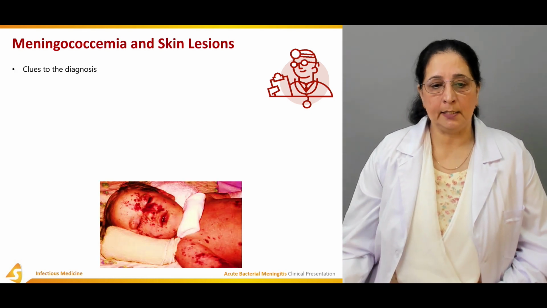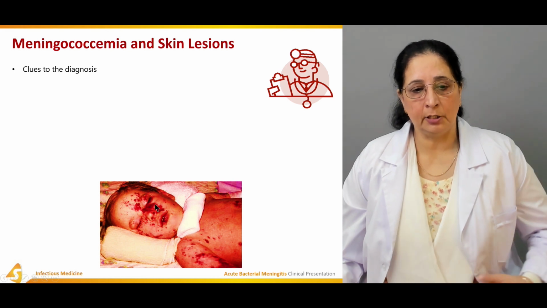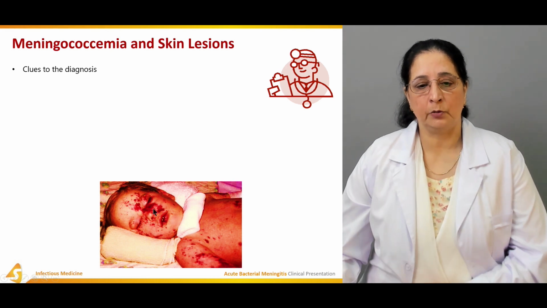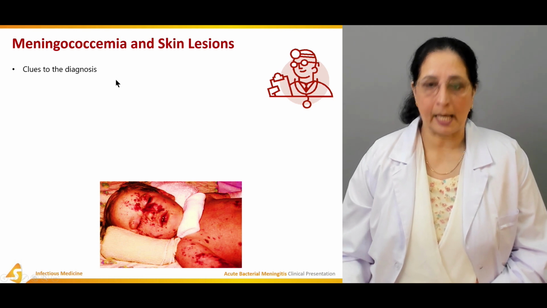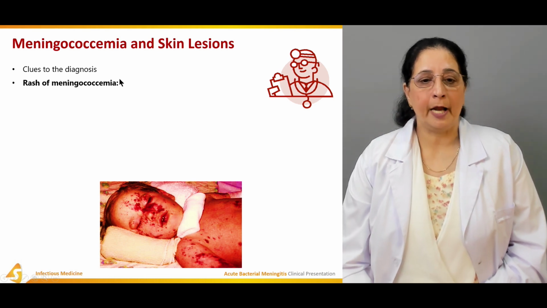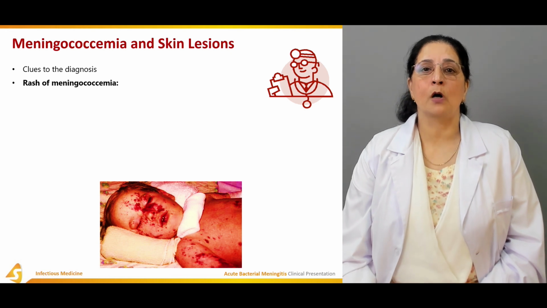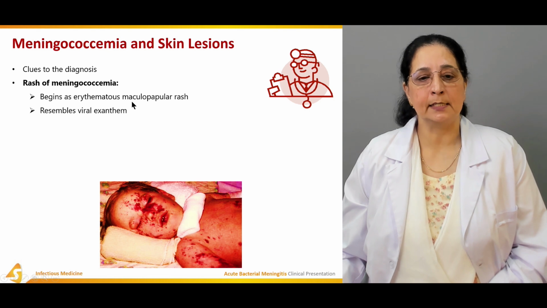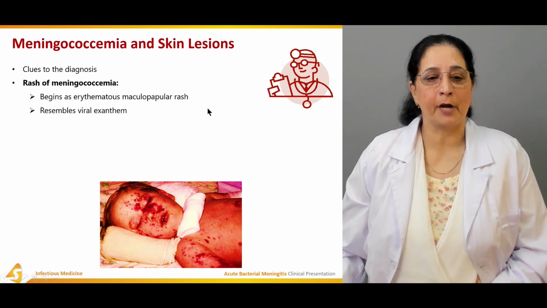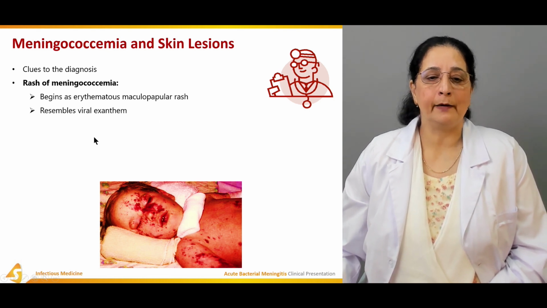You can see these are the skin lesions, rashes, which are associated with meningococcemia. A clue to the diagnosis is the rash of meningococcemia, which begins as an erythematous maculopapular rash resembling a viral exanthem.